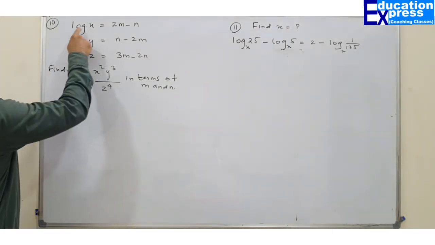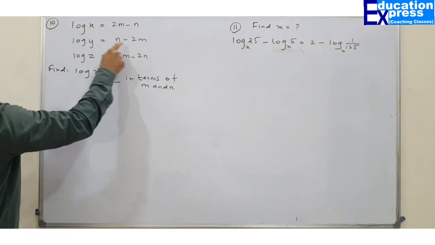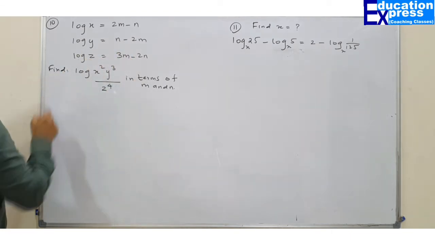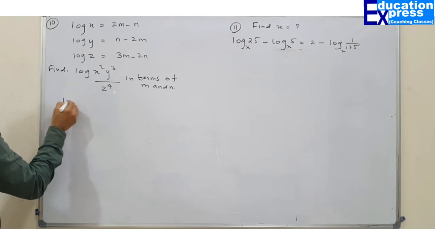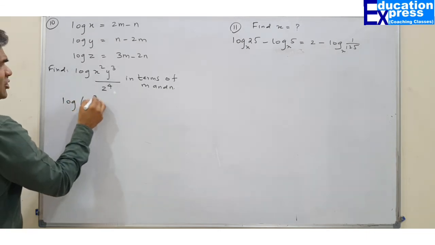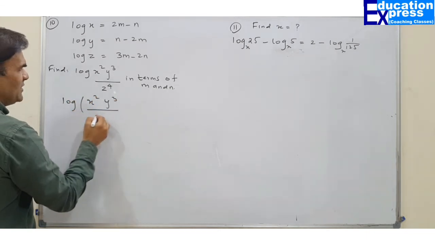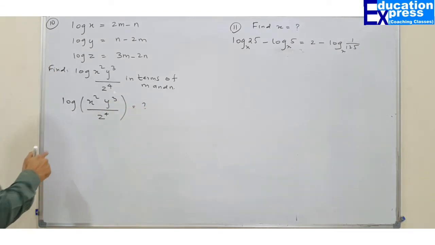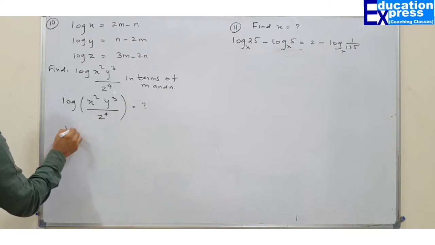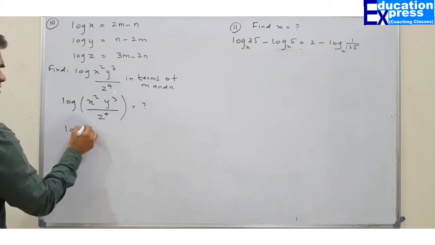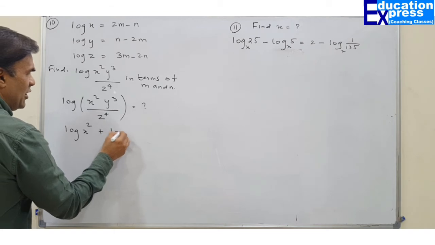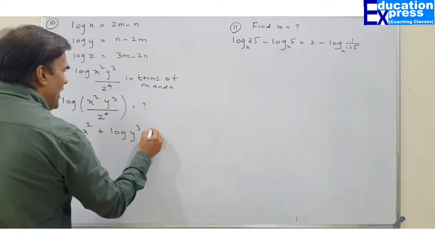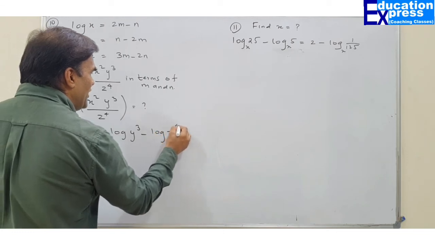Question number 10. Log x value is given, log y value is given, log z value is given to us. Find the value of log of x square y cube upon z raised to 4. I have to find what is the value of this. Can I say this can be written as log of x square plus log of y cube, and since z is in the denominator, minus log of z raised to 4?